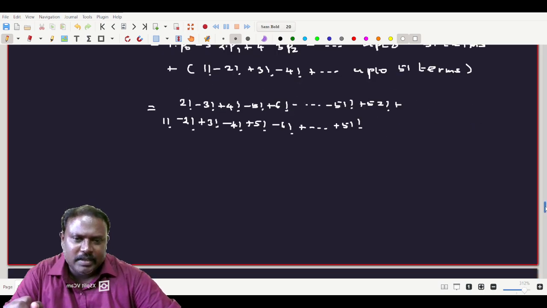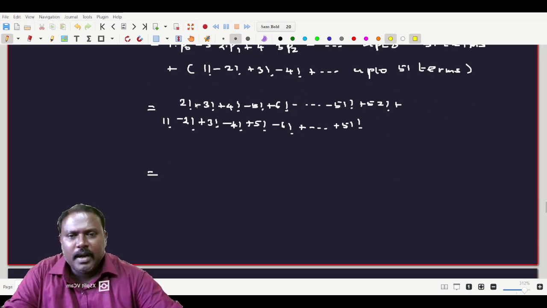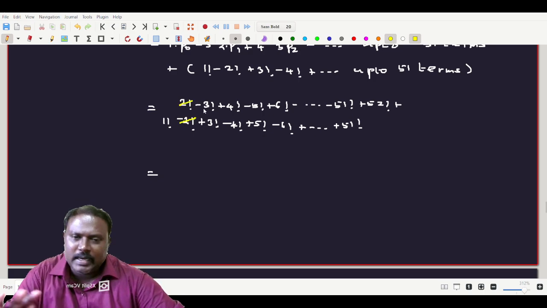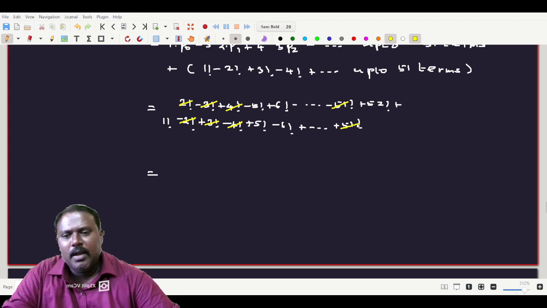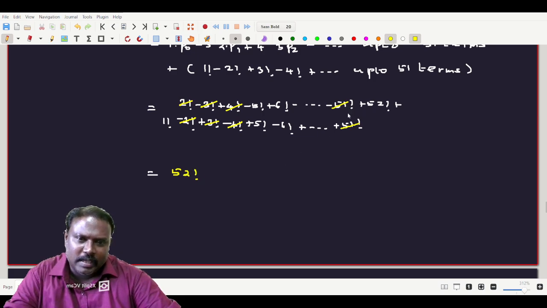So what is our final answer? Now look at this: plus 2 factorial minus 2 factorial cancel, minus 3 factorial plus 3 factorial cancel, plus 4 factorial minus 4 factorial cancel. In a similar way, minus 51 factorial plus 51 factorial get cancelled. So finally I will be getting 52 factorial here, and then here plus 1 factorial.